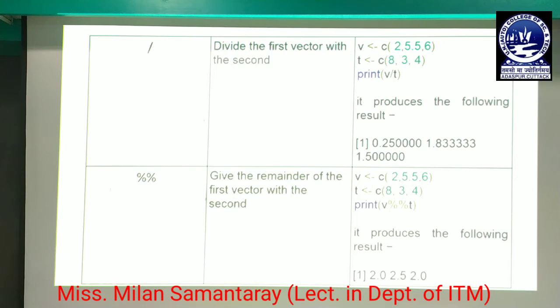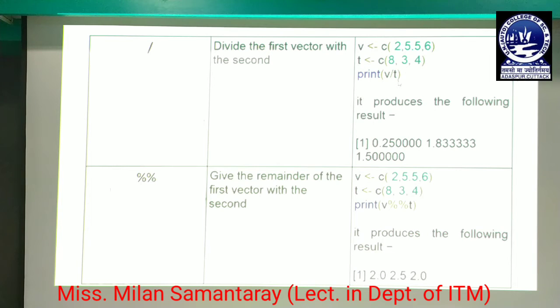And then the next operator is our division operator. So, it divides the first vector by the second, that means whatever elements we have entered in the first vector, that is v, will be divided by the elements stored in the vector t, the second vector.